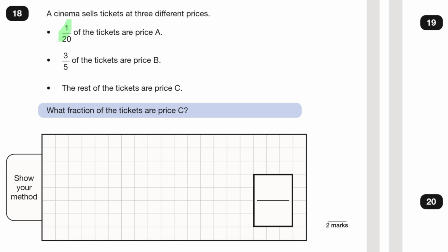So we've got 1/20th, we've got 3/5, and then we've got a mystery. But what we do know is that the cinema sells only at those 3 prices. So what we do know is that all of these add up to 1. They total 1 because that's all of it, right?